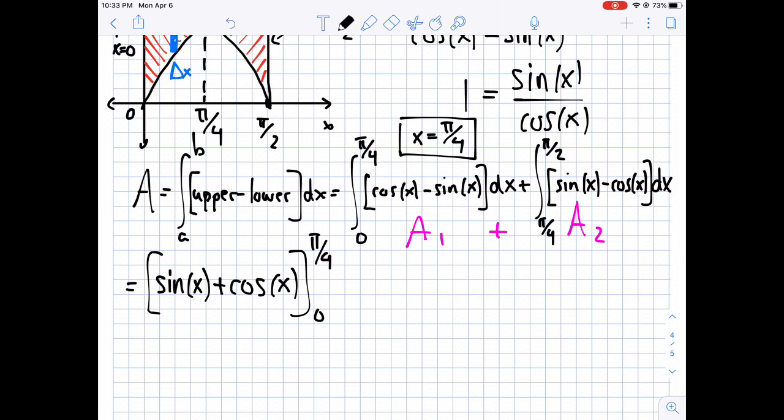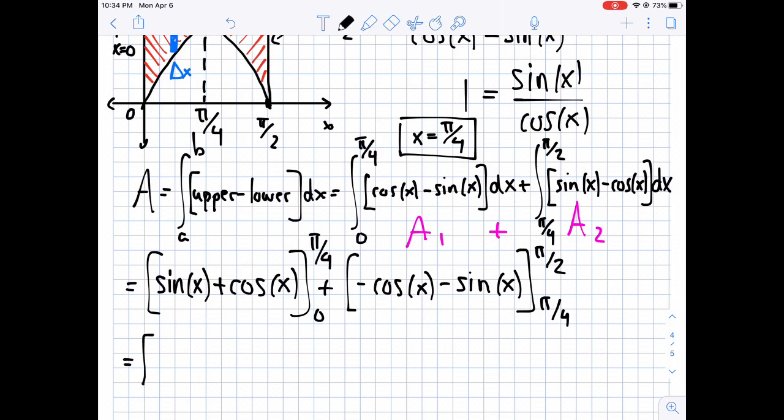The antiderivative of sine x is going to be negative cos x. The antiderivative of negative cos will be negative sine x, and that needs to be evaluated from pi over 4 to pi over 2. Now we're just going to plug everything in and see what we end up with.